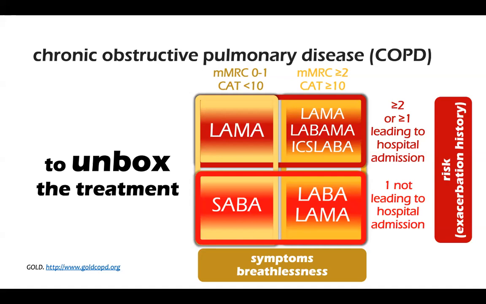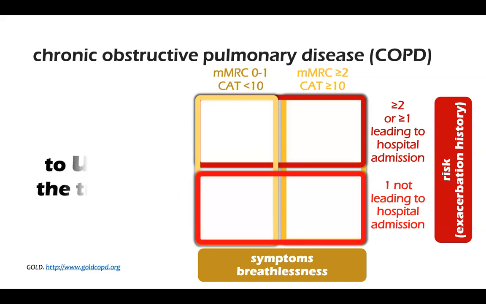They can be offered SAMA, but SAMA is not first-line therapy as a rapid reliever. A will be offered SABA, B will be offered LABA or LAMA, while C are expected to be on LAMA. And whenever the patient is a D, that patient can be on LAMA, or a combination of LABA and LAMA, or a combination of ICS and LABA.